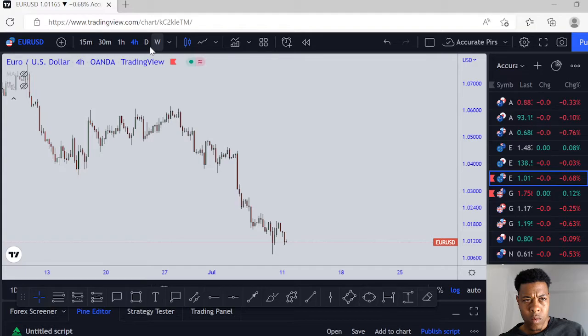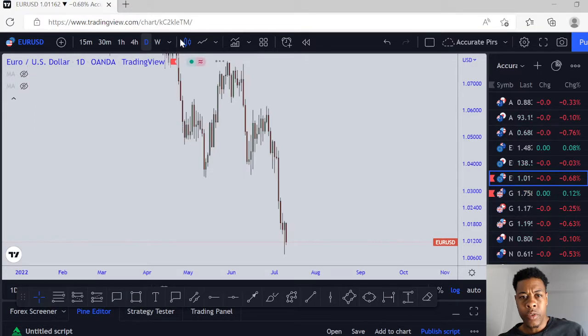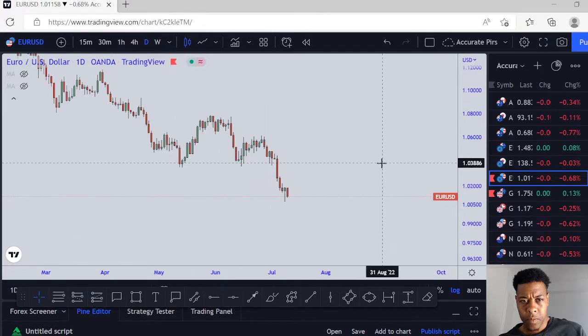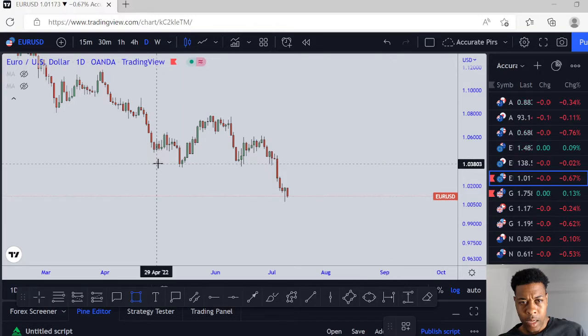Right, let's look at a daily on EUR USD. You see how the market has broken this support level right here?